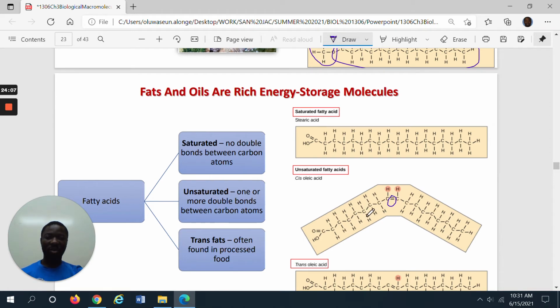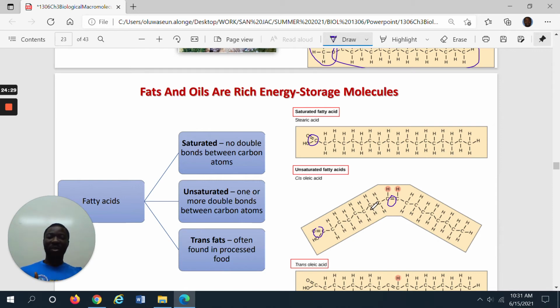So the more double bonds, look at it. Oleic acid has 2 double bonds. Stearic acid has just 1 double bond. Now, don't care about the names. I only care about the explanation, knowing what saturated and unsaturated mean.